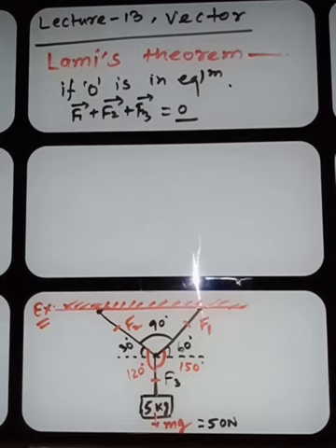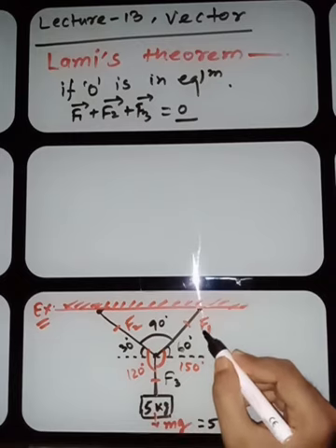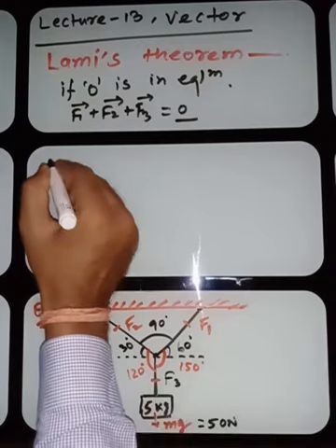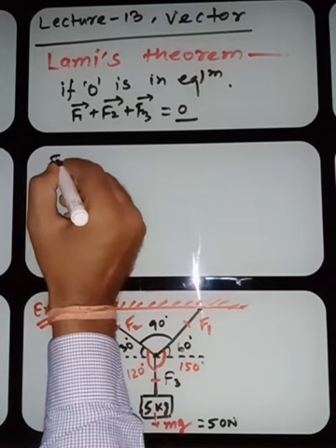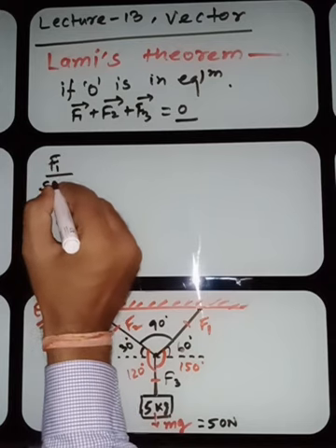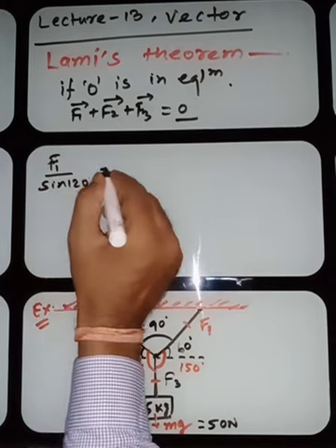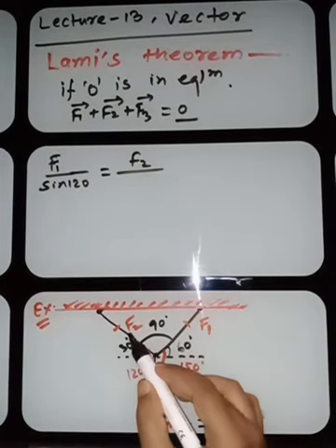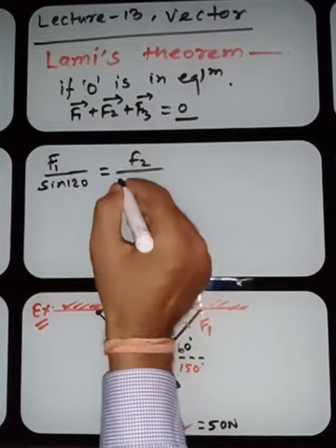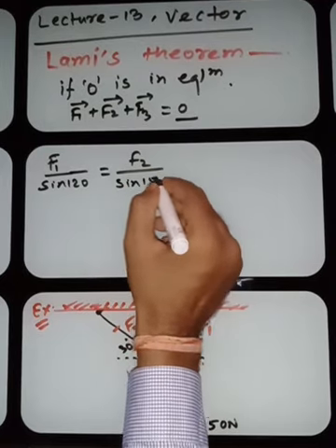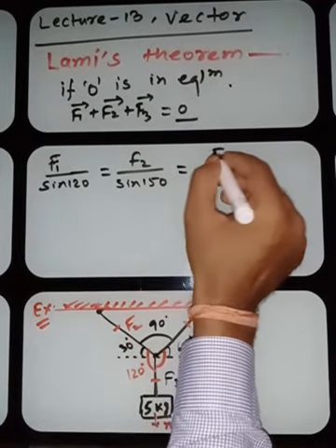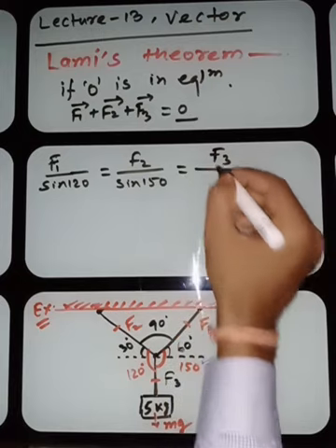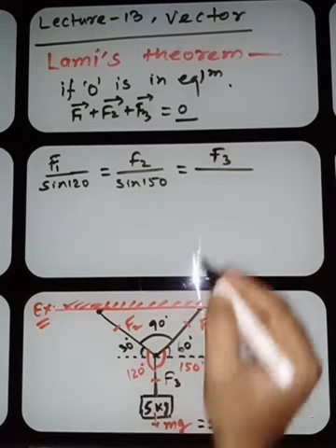I have the space. Now, F1 by sine 120 is equal to F2 by sine 150, is equal to F3 by sine 90.